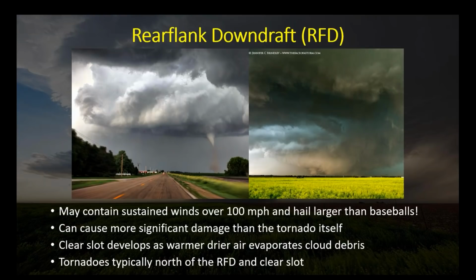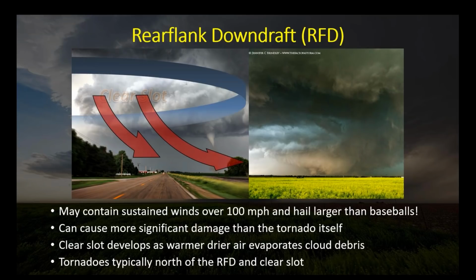The other downdraft located in the supercell is the rear flank downdraft, or the RFD. An RFD is a region of dry, subsiding air on the backside and wrapping around a mesocyclone. It is often visible as a clear slot wrapping around the wall cloud.